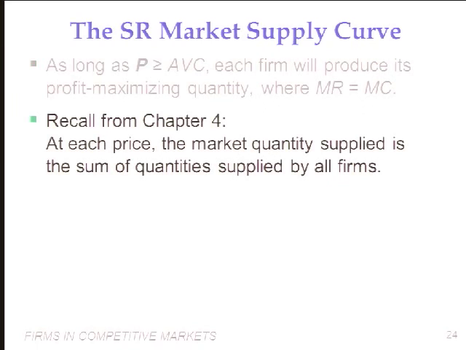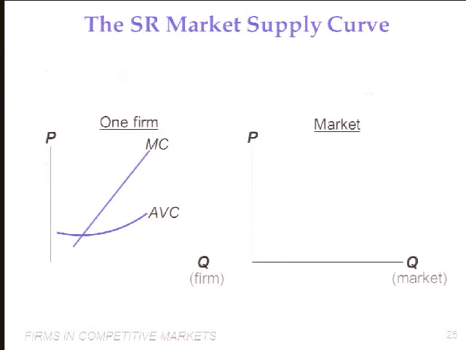So it's 10,000. Let's make it 1,000 identical firms. And at each price, the quantity, horizontal summation, is 1,000 times one firm's supply. So at a price of P1, which is right at the point where marginal cost is equal to average variable cost for all of these 1,000 identical firms, any price below that, none of them are going to produce, right? They're all going to shut down.